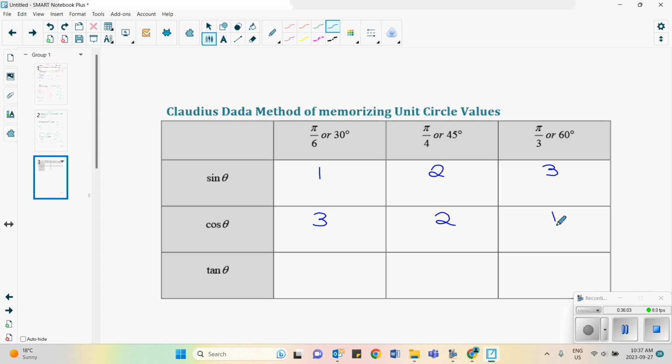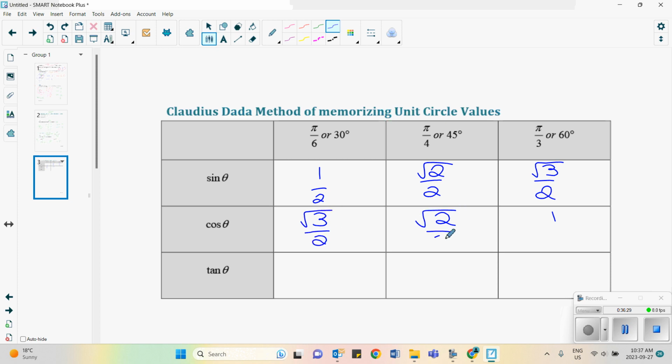What are the fractions that you need to remember? 1/2, root 3 over 2, and root 2 over 2. Oh, that's supposed to be a 2. So that's how Claudius remembered what went with what.